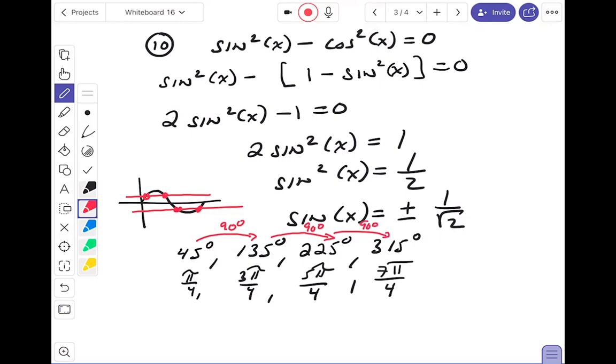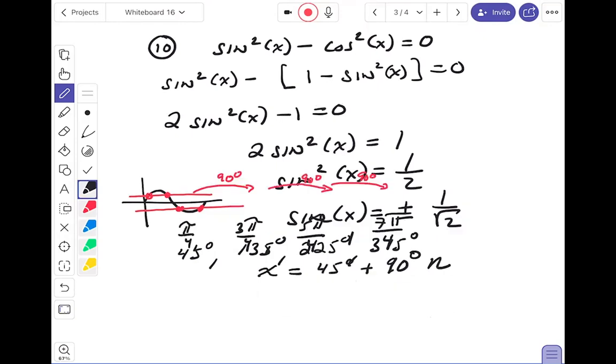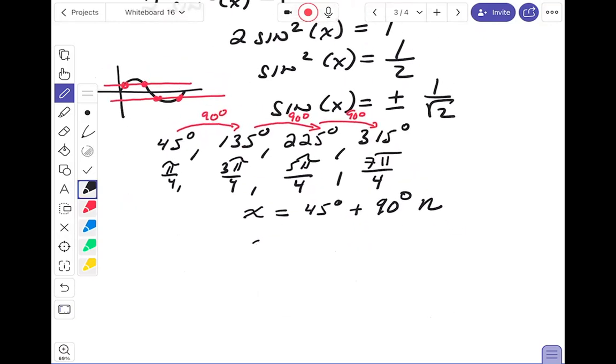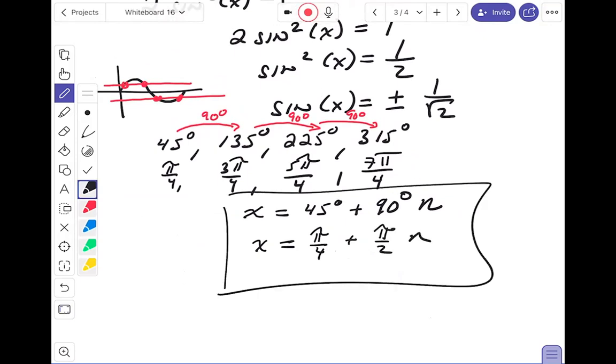So I think I'm ready to write this one down. What's it going to be? X equals 45 degrees plus 90 degrees n. I'm going to write the radian measure down for this. X equals pi over 4 plus pi over 2 n, with the understanding that n is an integer.